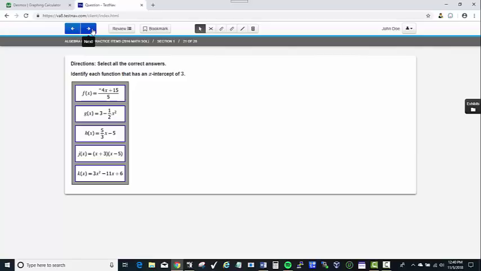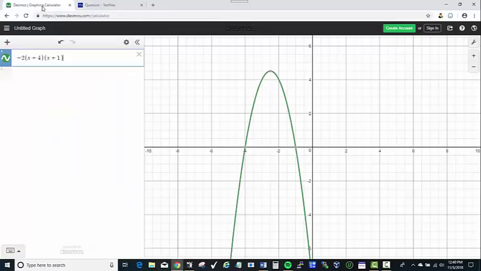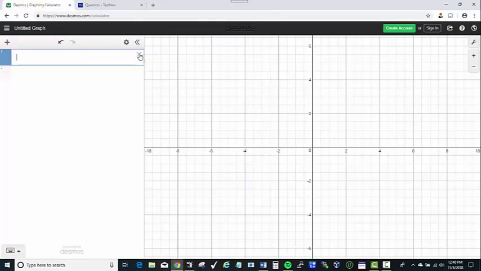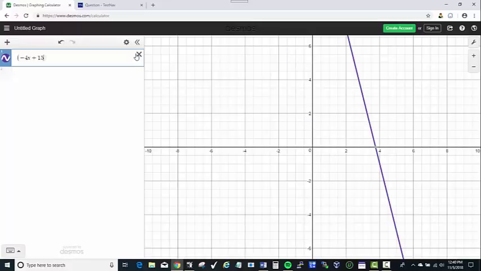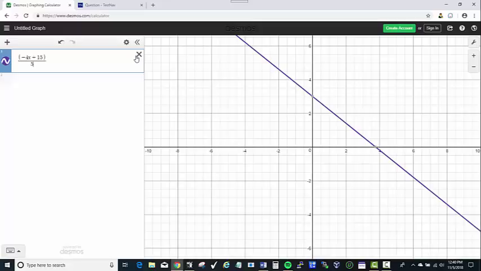Again, graph it and see. So this says negative 4x plus 15 over 5. Okay, so this has an x-intercept of 3.75.